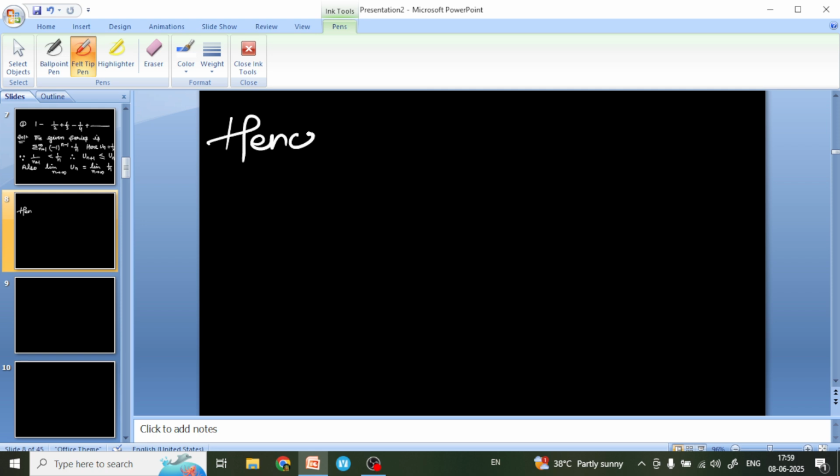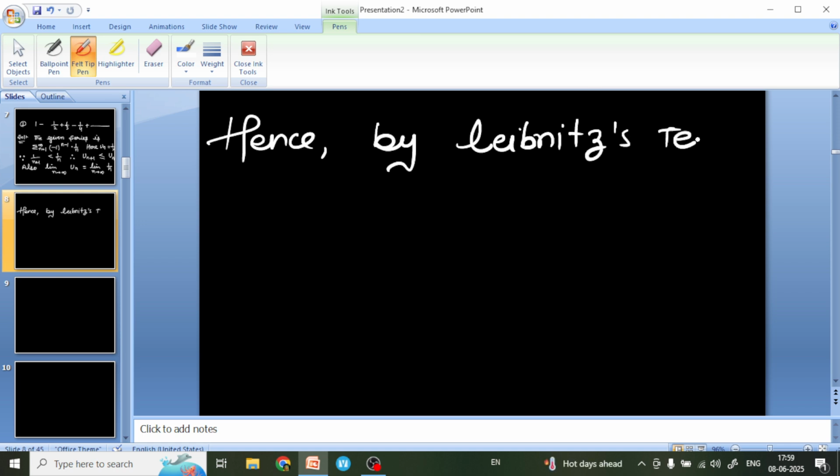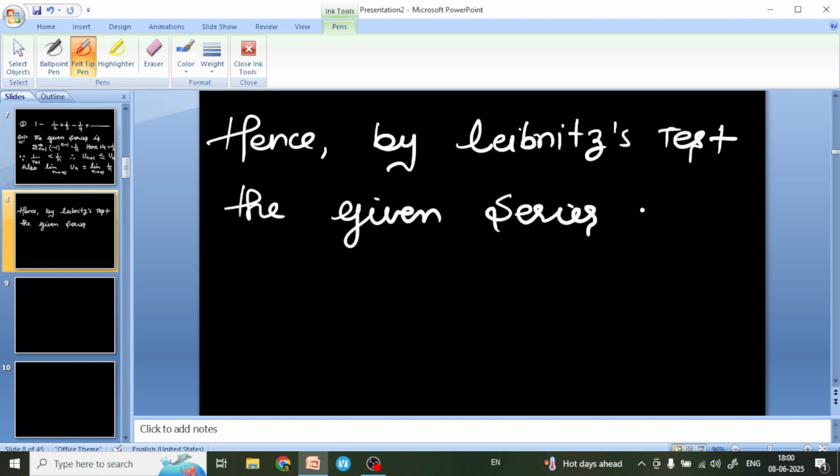Hence by the Leibniz test the given series converges.